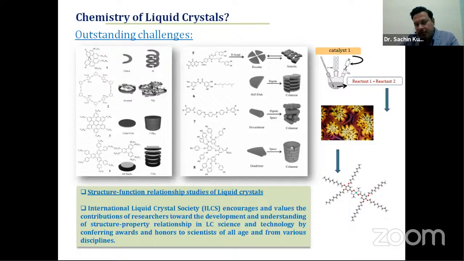Even biologists are also involved, to serve mankind. So in a general way, we can say that we are doing structure-function relationship studies of liquid crystals. It is a very common term. But structure-function relationship studies of liquid crystals are an outstanding challenge, because there is no hard and fast rule.